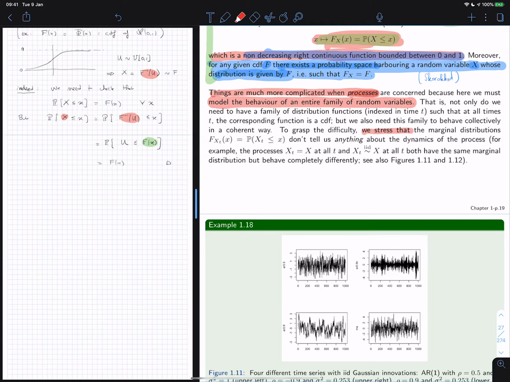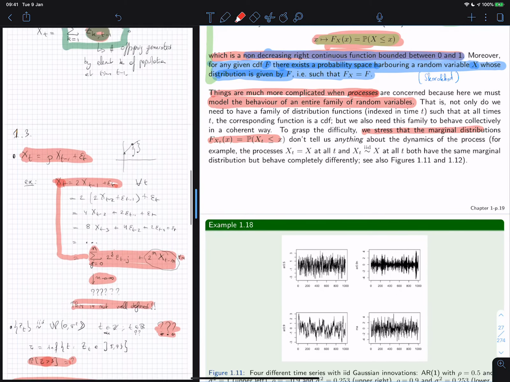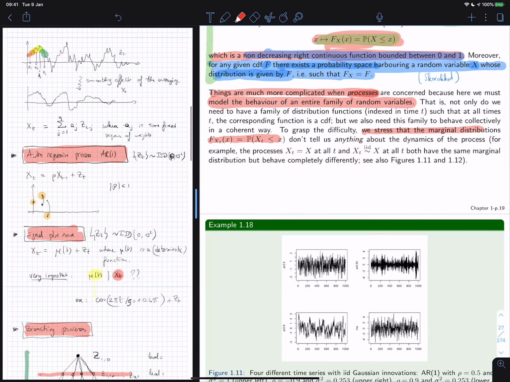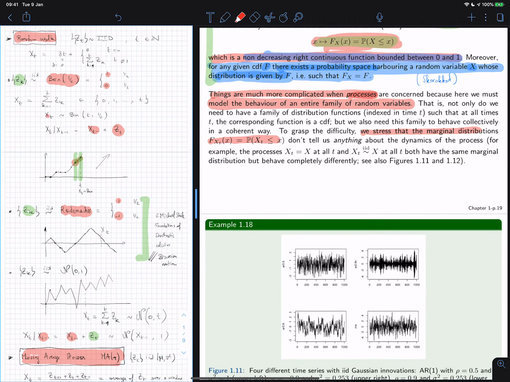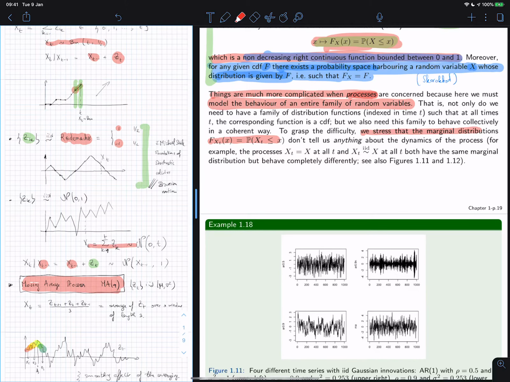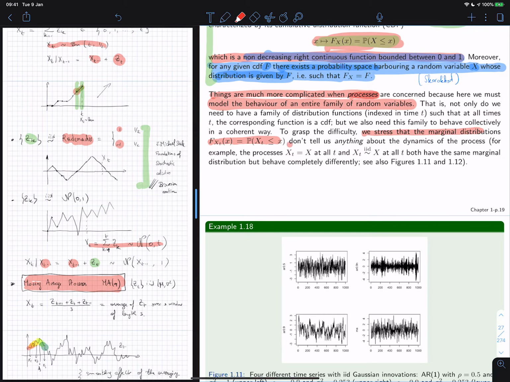We stressed that the marginal distributions, so the distributions of the Xt's, so for example here in my drawing, the distribution of the Xt's, this guy, this guy, that does not suffice to understand joint behavior. The distribution of the marginals tells us nothing about the dynamics of the process. Okay?